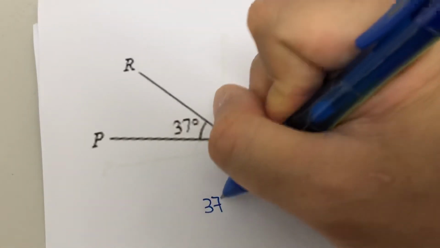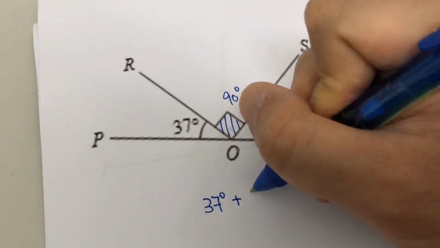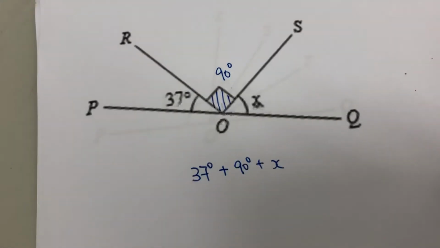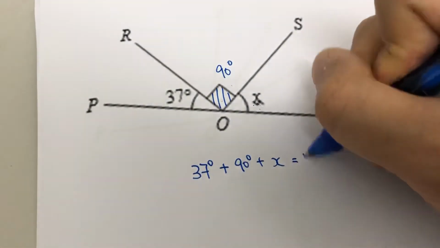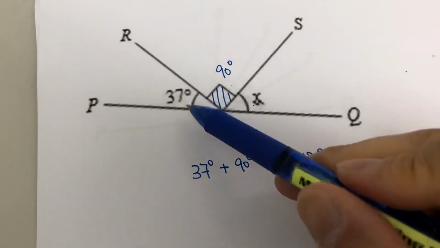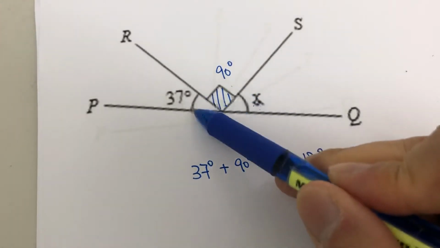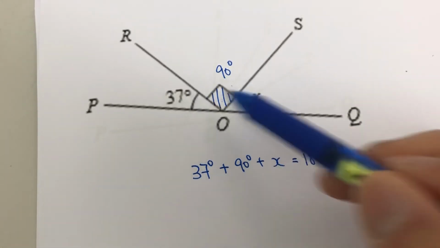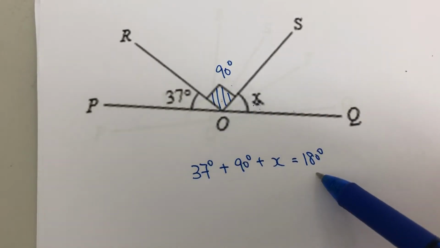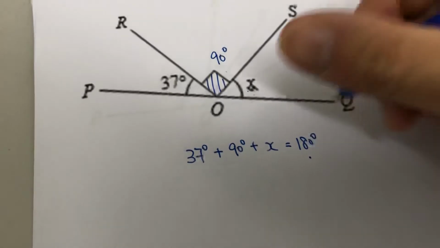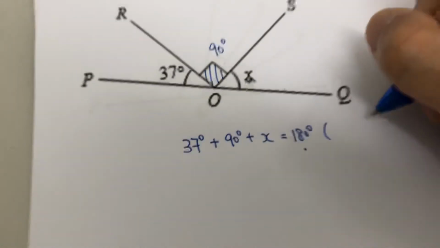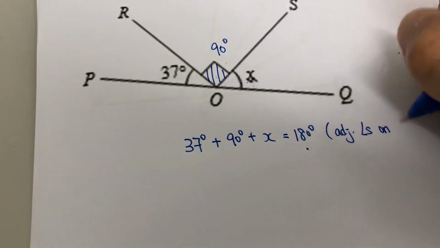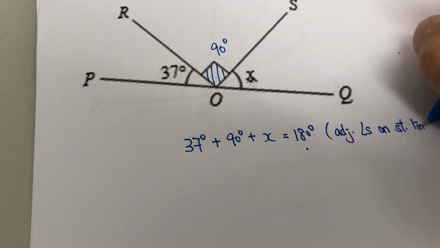What happens if you add them up? 37 degree plus 90 degree plus x becomes what? Yes, becomes 180 because this is a big angle on a straight line. It is a straight angle if you add them up. So it becomes 180. And don't forget to write down the reason. Adjacent angles on straight line.